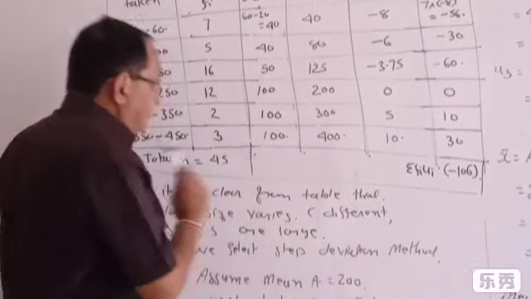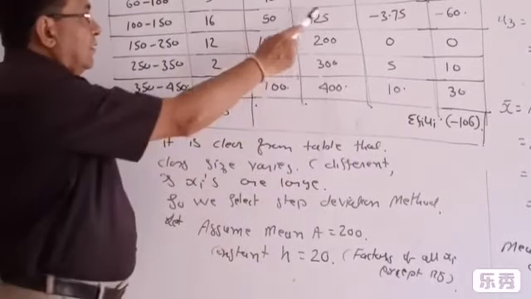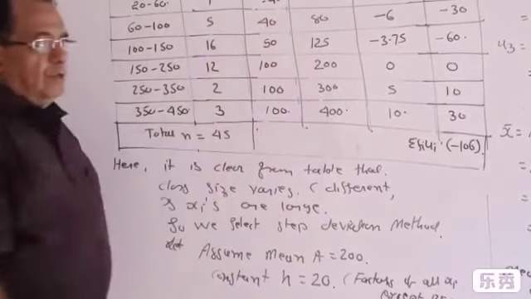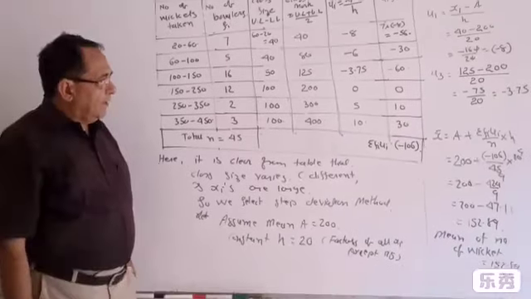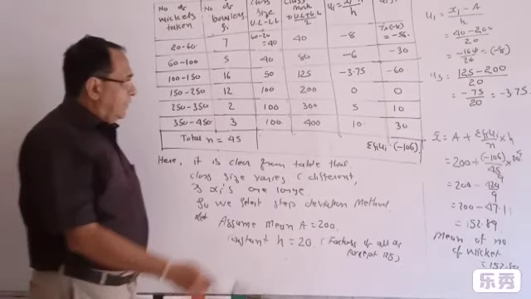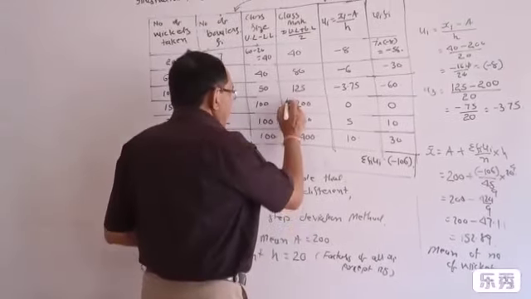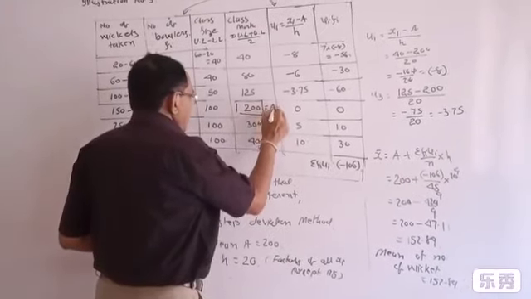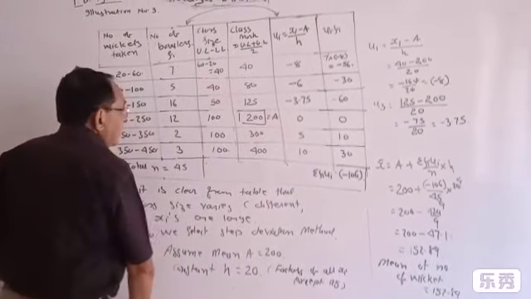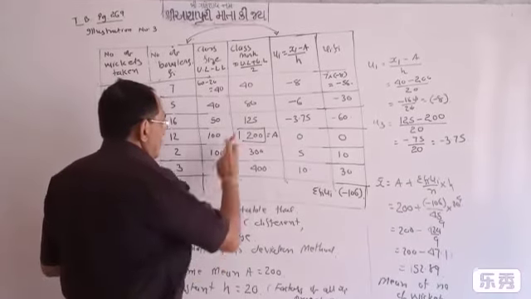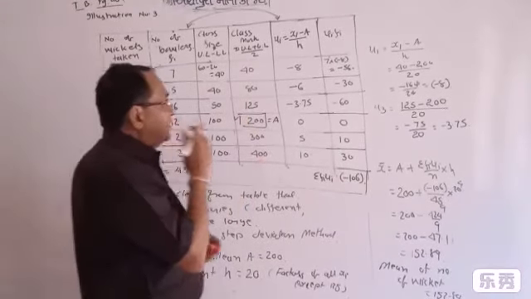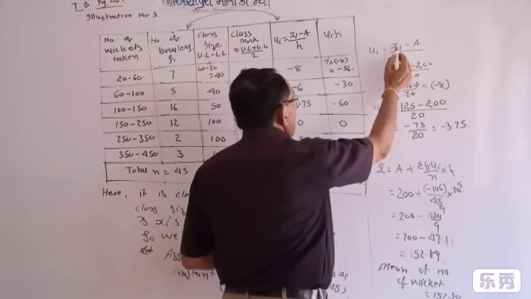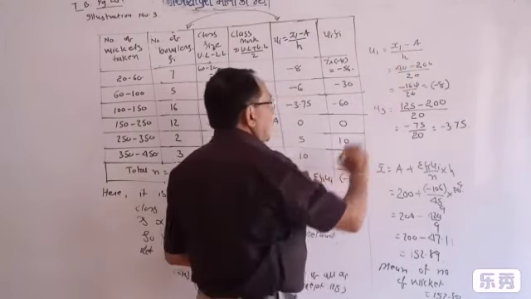Assuming 125 or 200, you can take either one. I have taken 200 as A. So ui is equal to xi minus A upon h.